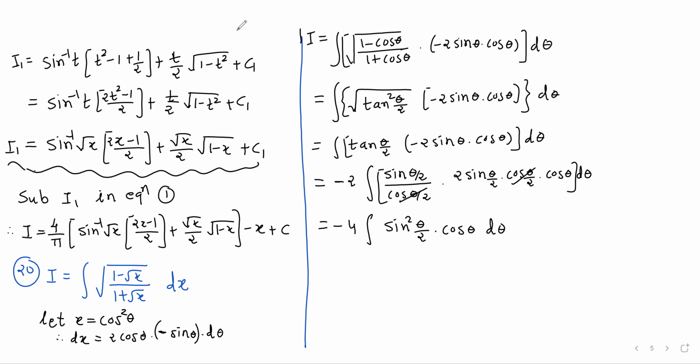Again sin square theta by 2 has a trigonometric function as a power, so we have to convert it into linear form. Which formula converts sin square into linear form? Yes, exactly: 1 minus cos theta over 2. So minus 4 into 1 minus cos theta by 2 into cos theta.